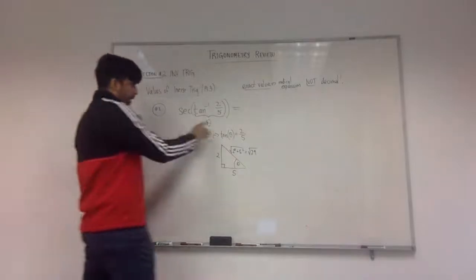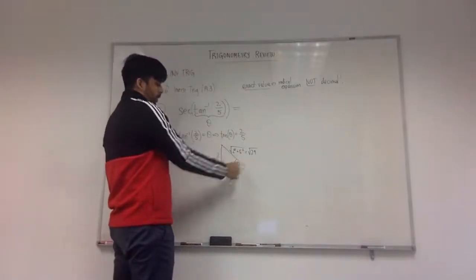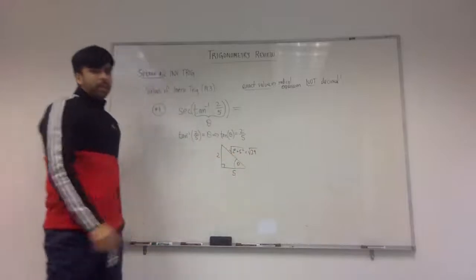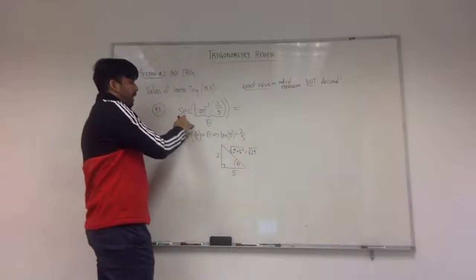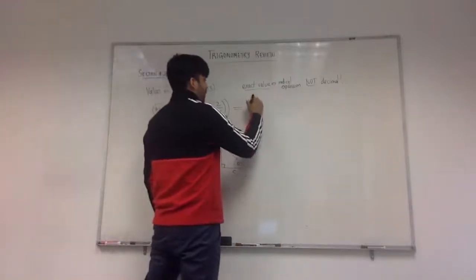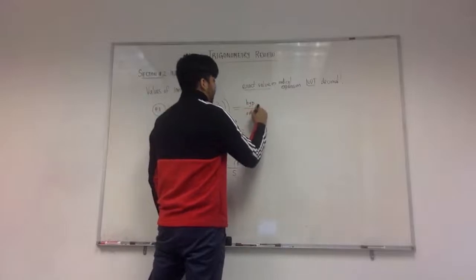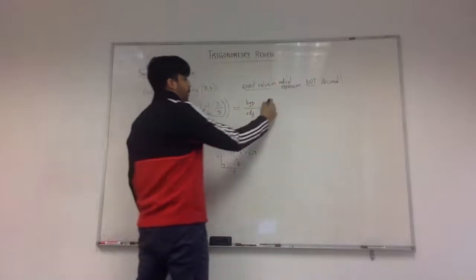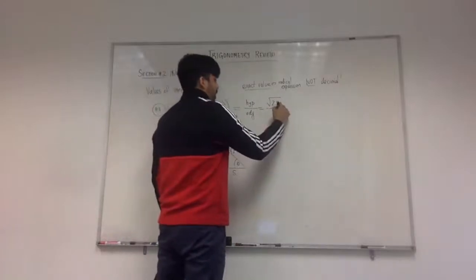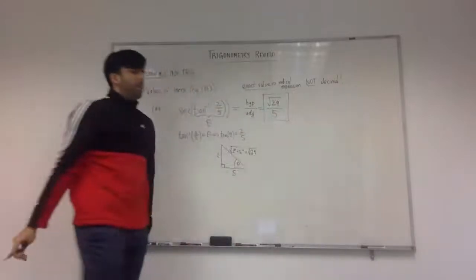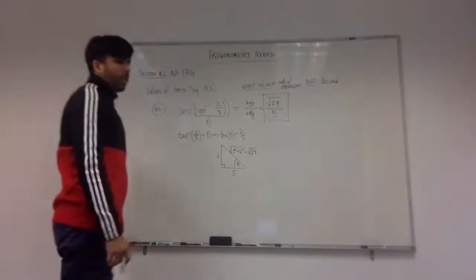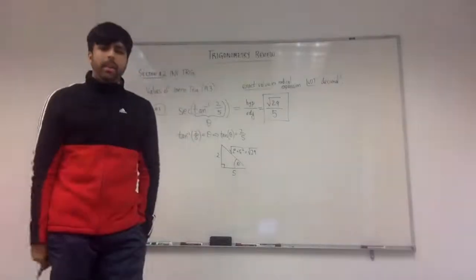So now I know my angle is represented in this triangle whose sides are 2 and 5 and whose hypotenuse is radical 29. And I want to find secant of this angle. Secant is 1 over cosine, which represents hypotenuse over the adjacent side of theta. The hypotenuse is radical 29, and the adjacent side is 5. So the exact value of secant of tan inverse of 2/5 is radical 29 over 5.